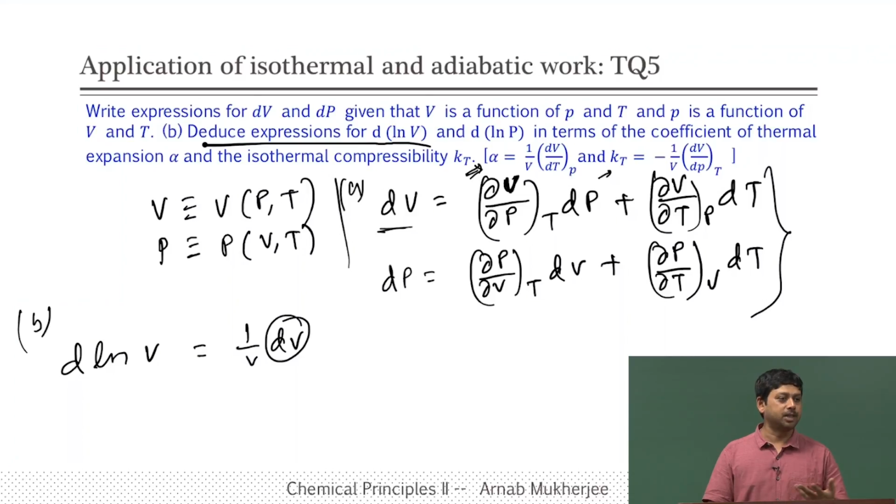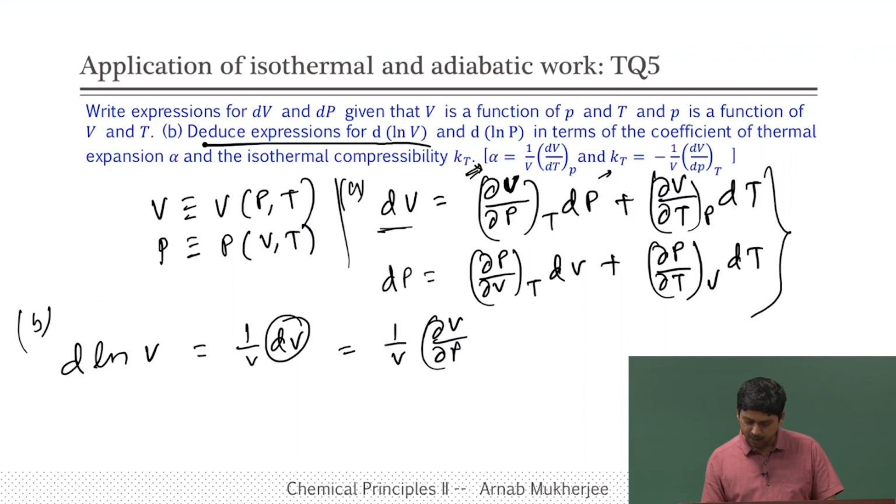Actually, we can measure them experimentally, rather we can calculate the value using the experimentally measurable quantities, which are alpha and kappa T. Now, you can see 1 by V dV, which means del V by del P T dP, so I am writing d ln V equals 1 by V del V by del P at T dP plus 1 by V del V by del T at P dT.